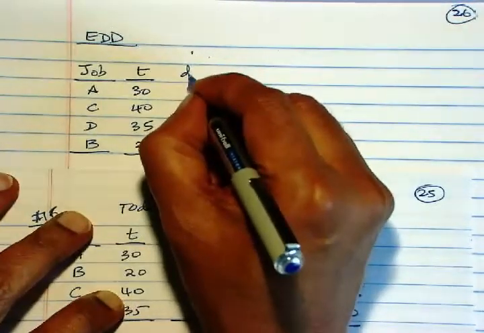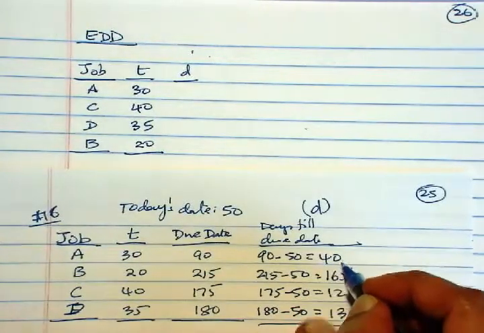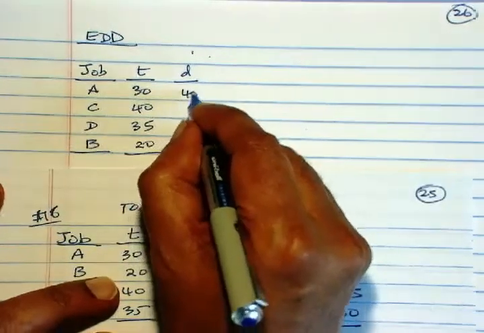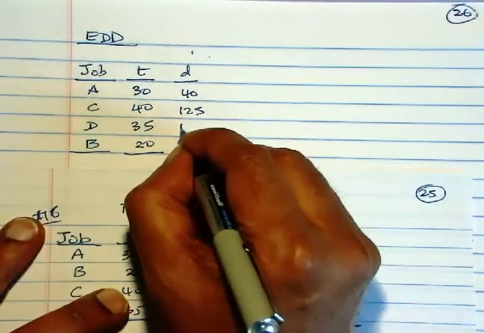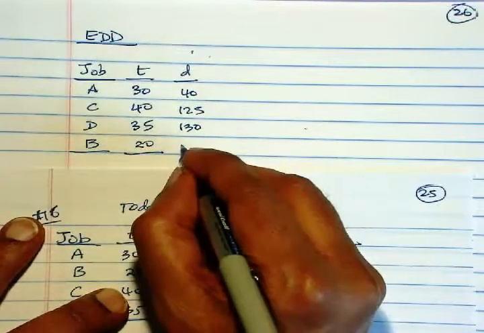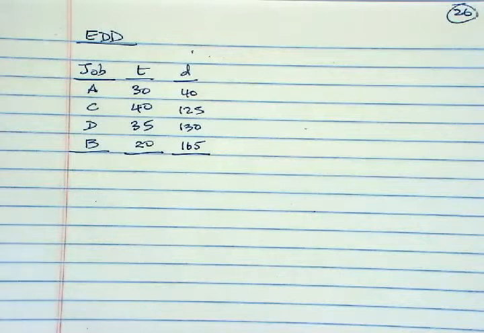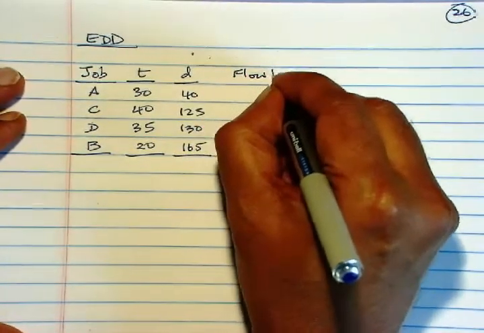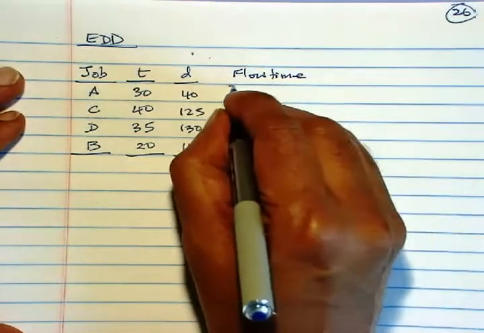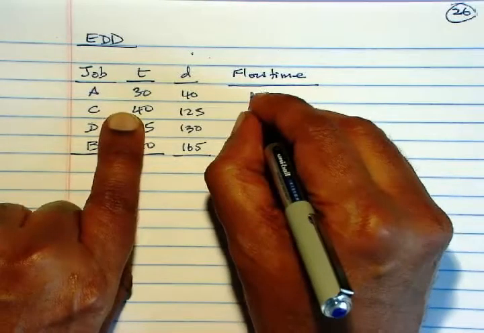And the due dates are, now you need to use that column, so 40, okay, 125, 130, and 165. So now completion time or flow time is 0, 30, 0 plus 30, so 30.